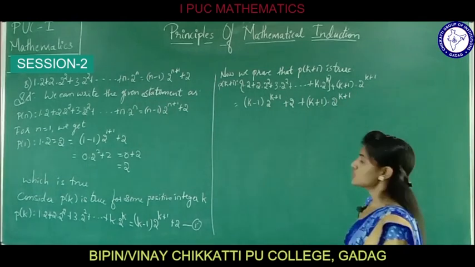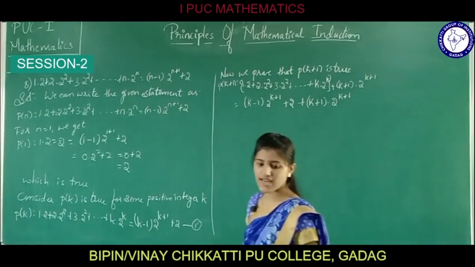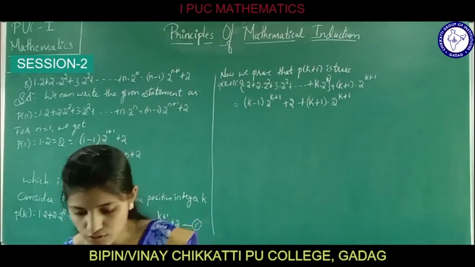Taking out 2 raised to k plus 1 as common, what are we going to get?